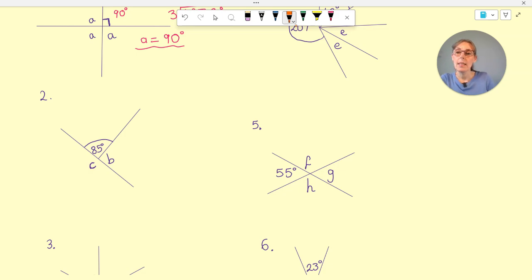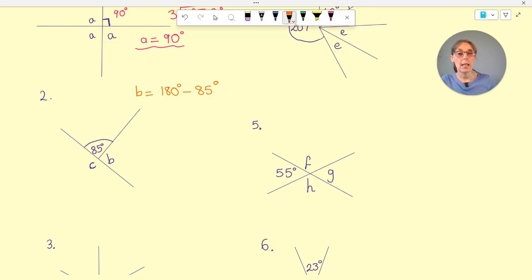So I think that B is equal to 180 degrees, take away 85 degrees. So the size of B is 180 degrees, take away what's already there, and 85 degrees is already there.